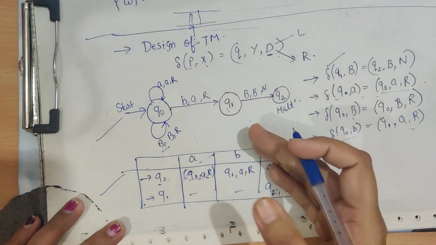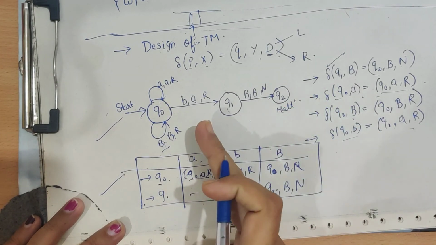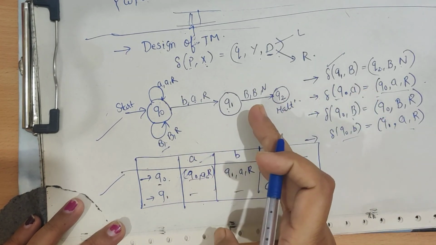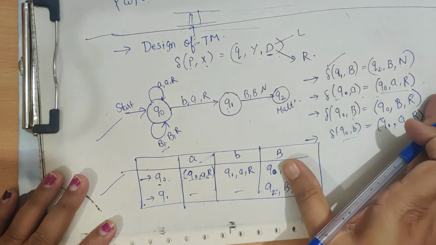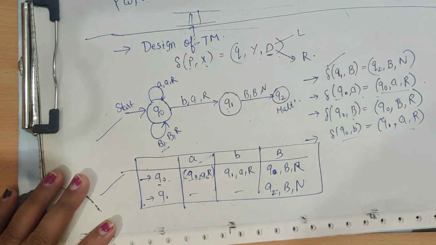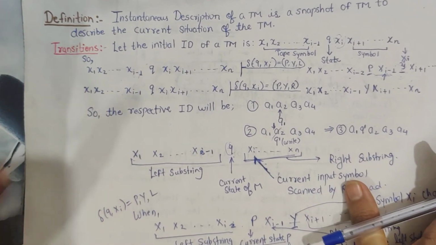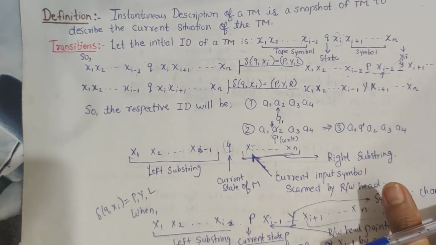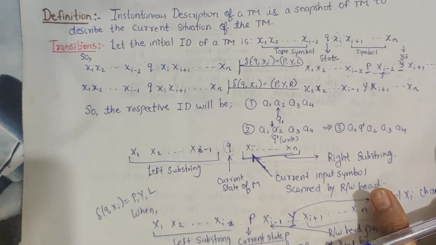Now after this we will see many more problems. Within those you will get a very clear idea, but this is the basic which needs to be applied to each problem. So I hope you understood the three concepts: the instantaneous description of the Turing machine, the language acceptability of the Turing machine, and the basic design requirements for the Turing machine.